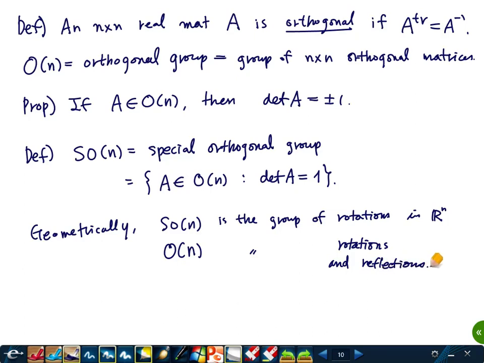So they have geometric meanings, and they are matrix Lie groups, of course. Yeah, we have some more.